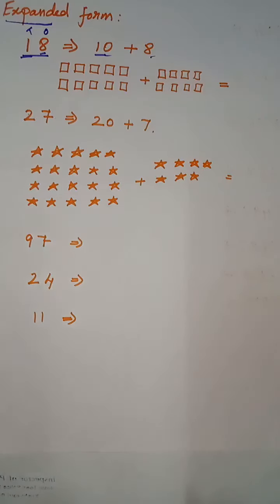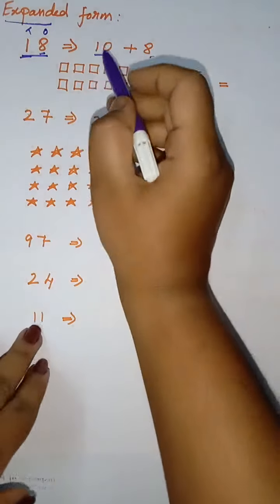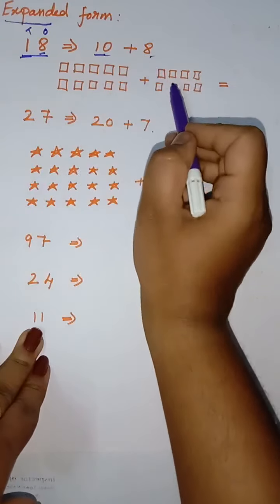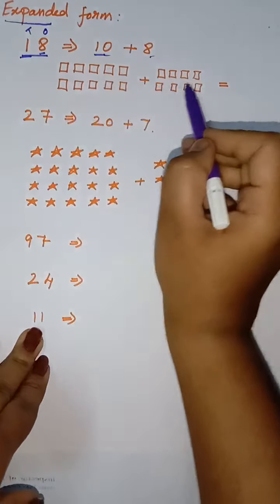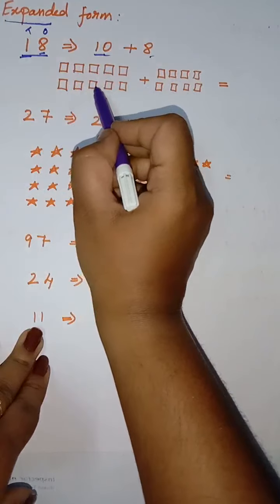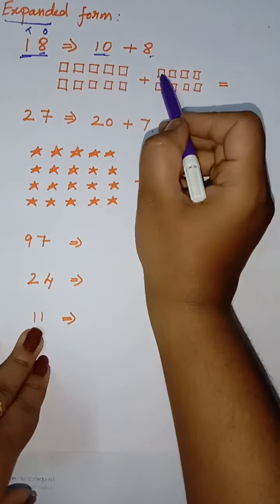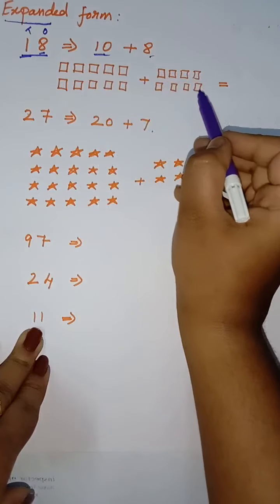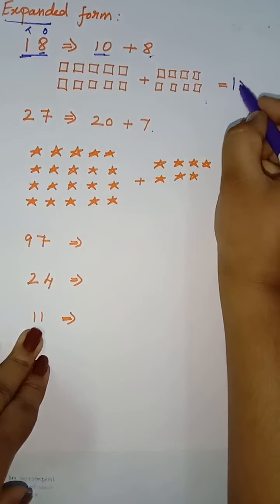For easy clarification as a kid, they will ask you to draw like this. If you draw 10 square boxes and 8 square boxes and add them, counting 1, 2, 3, up to 18. Likewise you learned in your lower classes.